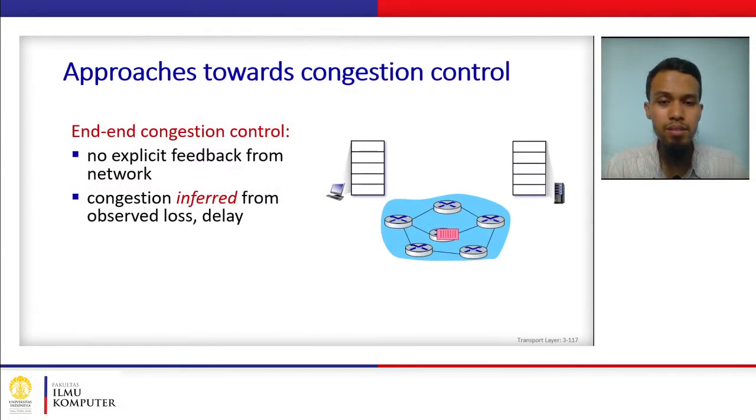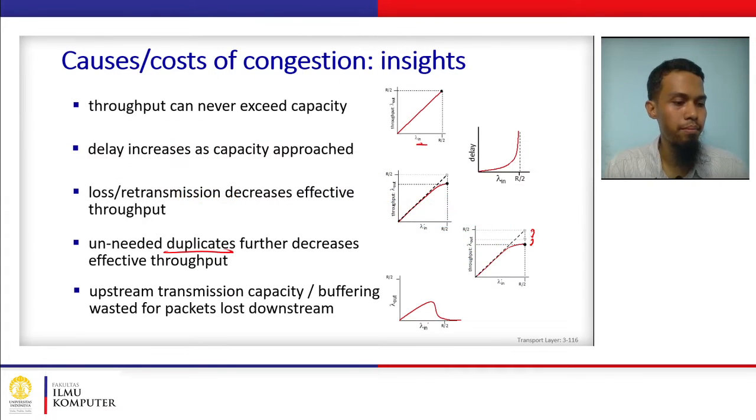This can best be illustrated by, let's say, one router that is shared by several flows, with the same capacity on the incoming link.